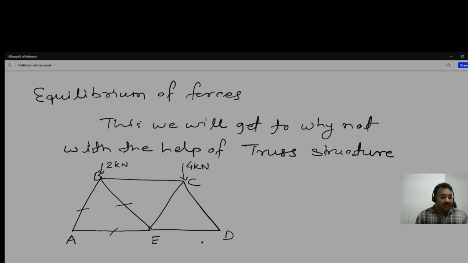Okay, now suppose the ends A and D both are supported by either the roller support or the hinge.